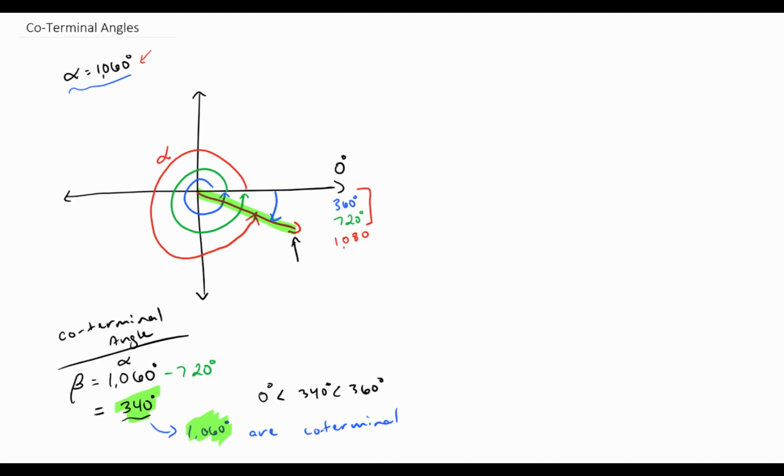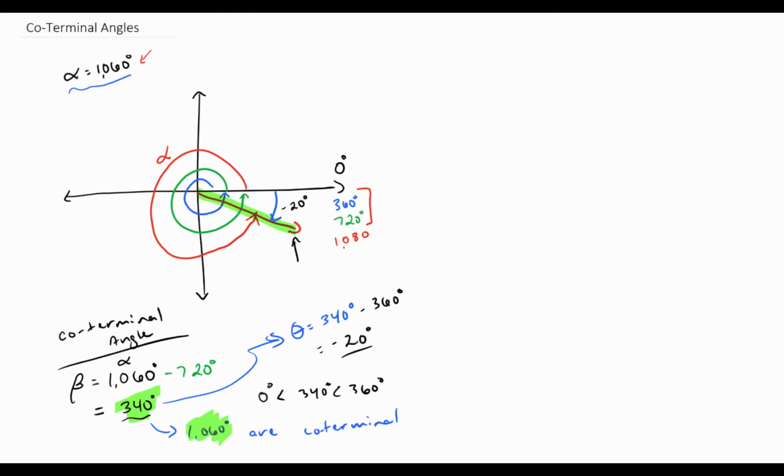Now, how far would that be? Well, I could just take this 340 degrees and subtract an additional revolution. So let's come up with a third angle. I'll call this one theta, and we'll subtract 360 from it. So the most efficient way to get to this particular location would just be to travel 20 degrees in the negative direction.